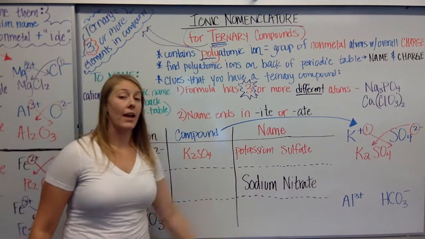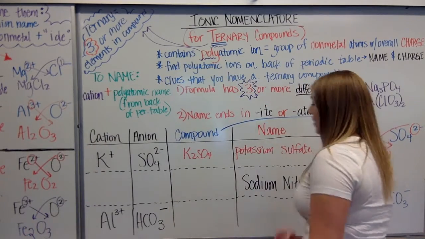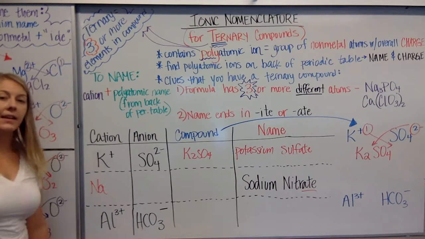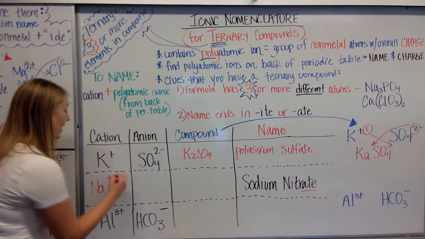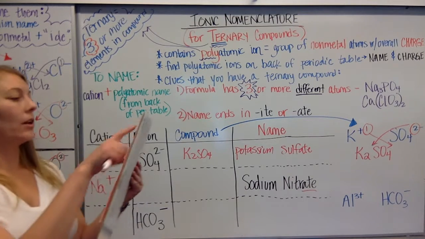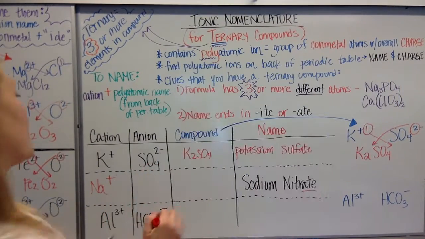Well, sodium nitrate, ate tells me, look on the back of the periodic table. I know sodium. Sodium's an alkali metal. It's in the first family, so in group 1, so it has a +1 charge. And nitrate, again, I'm going to look on the back of the periodic table. I see nitrate, which is NO3-.